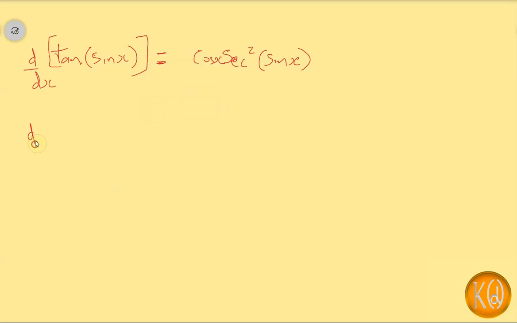Anyways, let's move on to another problem. Okay, let me get away from the corner here. So d dx of sin x plus x cos x minus x squared sine of x cubed.